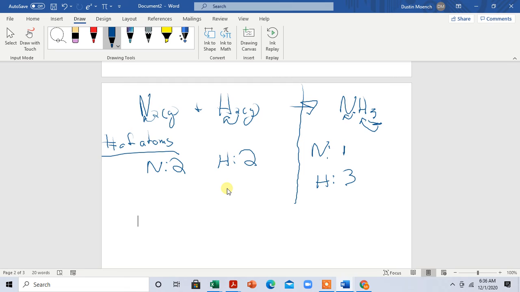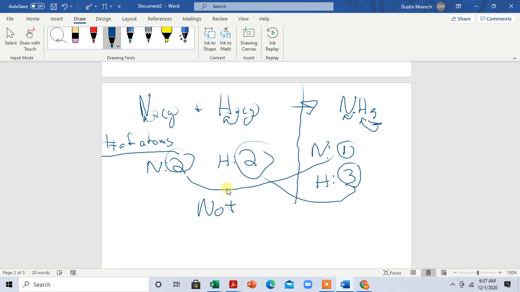These numbers are not equal, so this is not balanced. We can't have a reaction where the number of atoms on one side is different than the other. That's not allowed. We can't lose atoms somewhere. They can't just go poof and disappear.